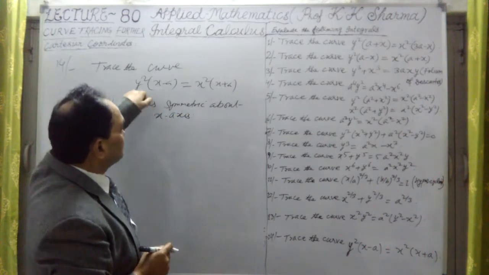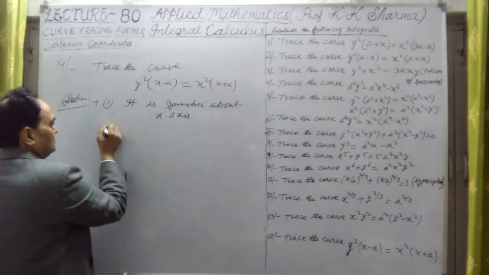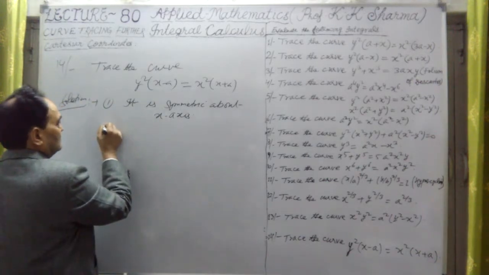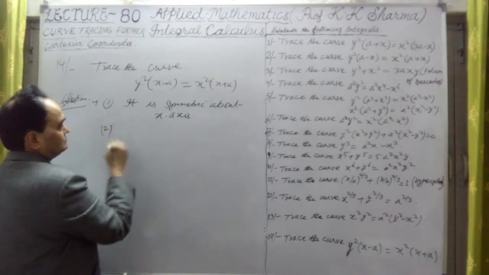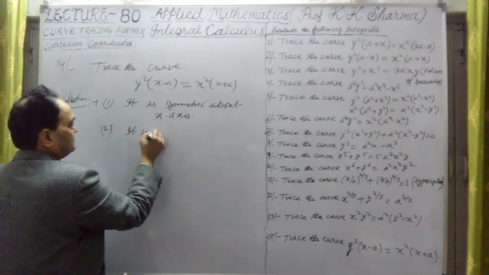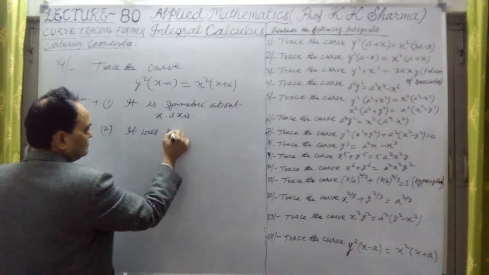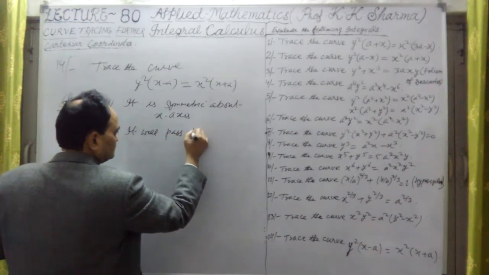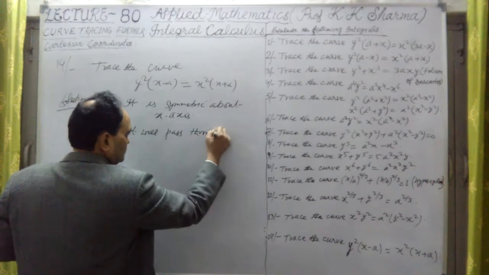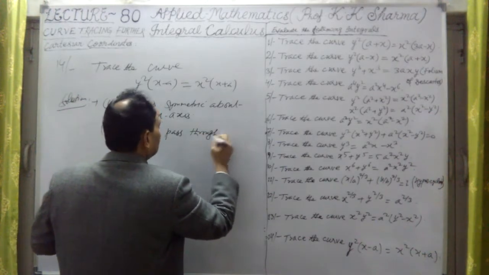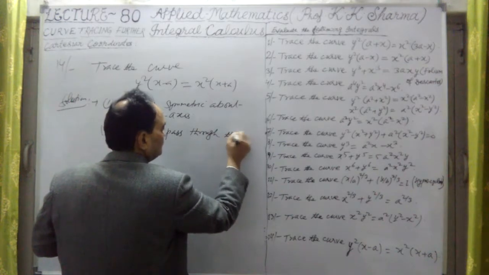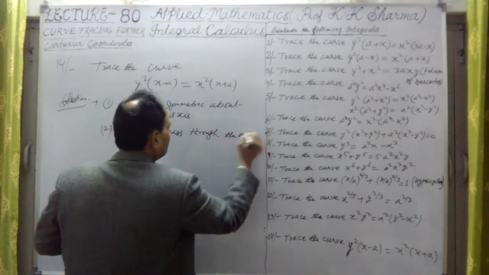Because y is an even power, the curve is symmetric about the x-axis. And then the second point, it will pass through the origin. The origin will lie upon this curve, so it will pass through the origin. It is the second point.